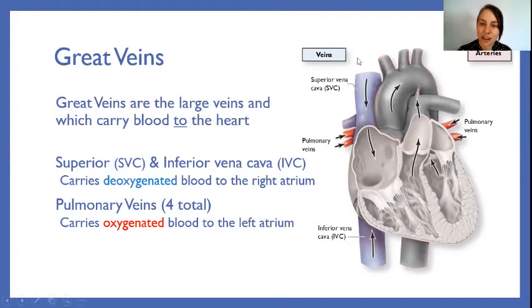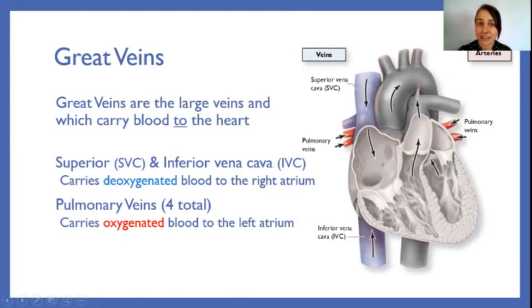These are the great veins that bring blood from the upper body, so your head and your arms, through the superior vena cava and empty it into the heart. Your legs and lower abdomen come up through the inferior vena cava and get deposited in the heart. This blood is then going to get pumped out to the lungs and come back to the heart.